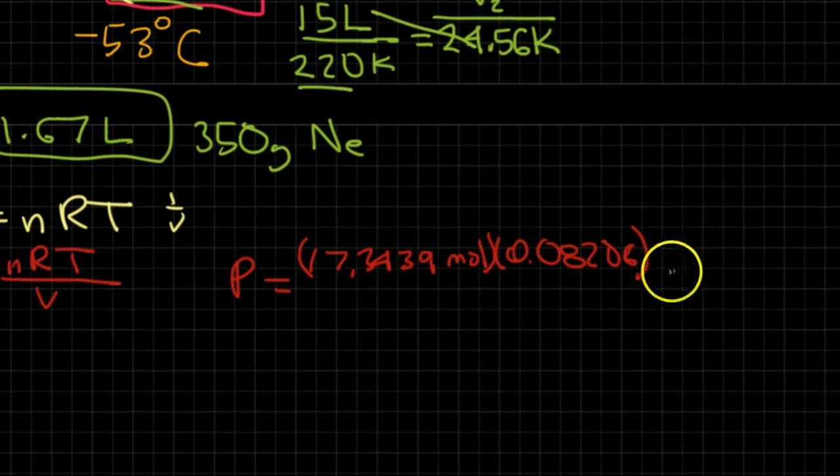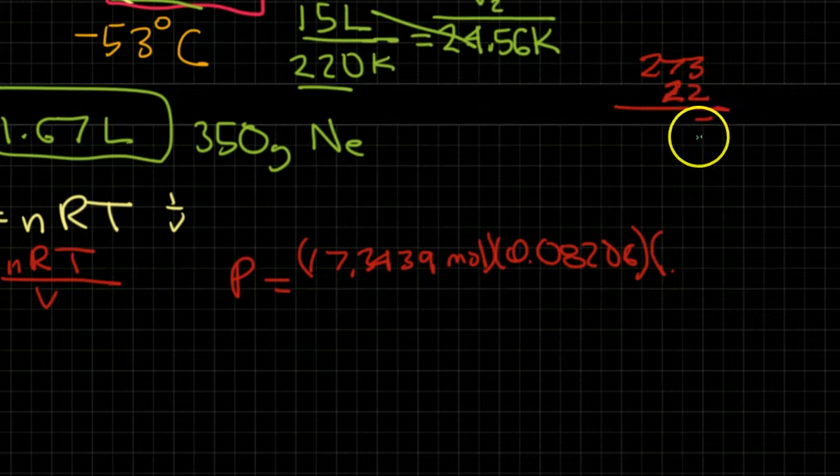Where was I? Oh, T, temperature. What's room temperature? Should we just say like 22 Celsius? So let's just say 273 plus 22. That's a cozy temperature, right? 295. Did I do that right? Yes, 295 Kelvin is the temperature.